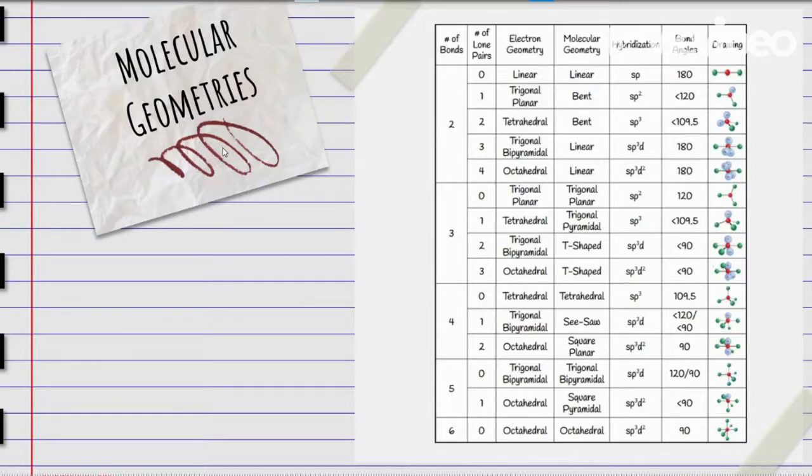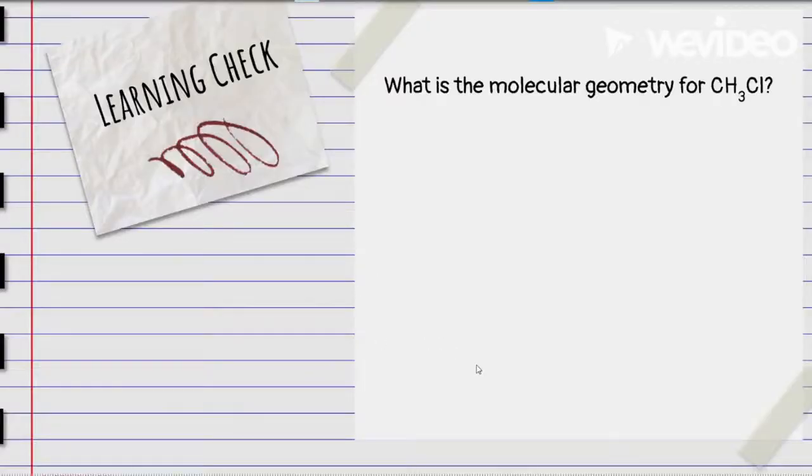When you're drawing these Lewis structures, the easiest thing to do is to count up your number of bonds and your number of lone pairs. If you have 2 electrons, that's 1 lone pair. Then you can figure out your molecular geometry from this chart. So if we look at our drawing we did for CH3Cl, we're only going to be looking at the central atom, because the central atom is what determines our molecular geometry.